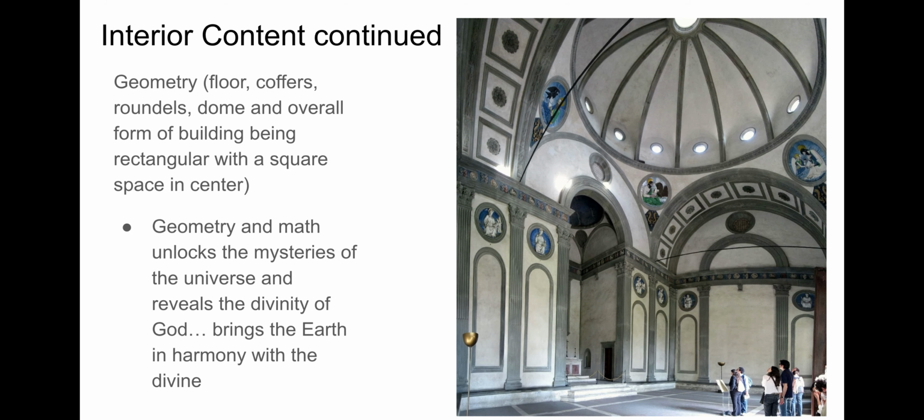And the pendentives, remember pendentives, those inverted triangles that transition a circular dome onto a more square or rectangular base. You have roundels, these round medallion-like images in the pendentives, and those are roundels with terracotta sculptures of the evangelists.